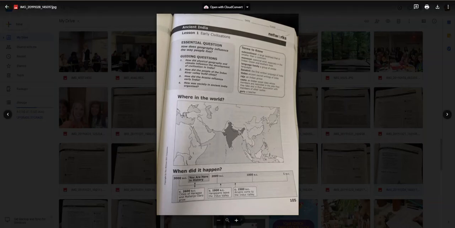Another thing I want to point out to you really quick on this map is that if you draw a line to the left from India, you're going to hit the Nile River and you're also going to hit the Mediterranean Sea. So it's very interesting that these ancient river valley civilizations not only began and started to flourish around the same time, but they also started on the same lines of latitude.